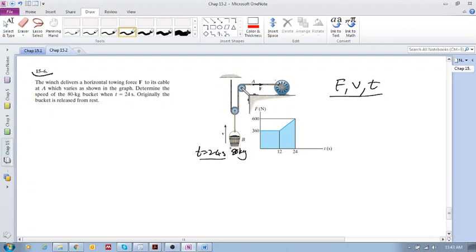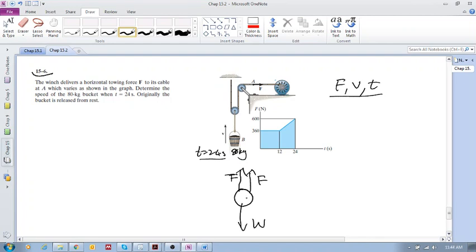We draw a free body diagram, because what are we looking at? We're trying to find the speed of the bucket. So that is our mass. If that's the bucket, we will have 2 times T, or they call it F, let's call it F, acting up, and we're going to have weight acting down.